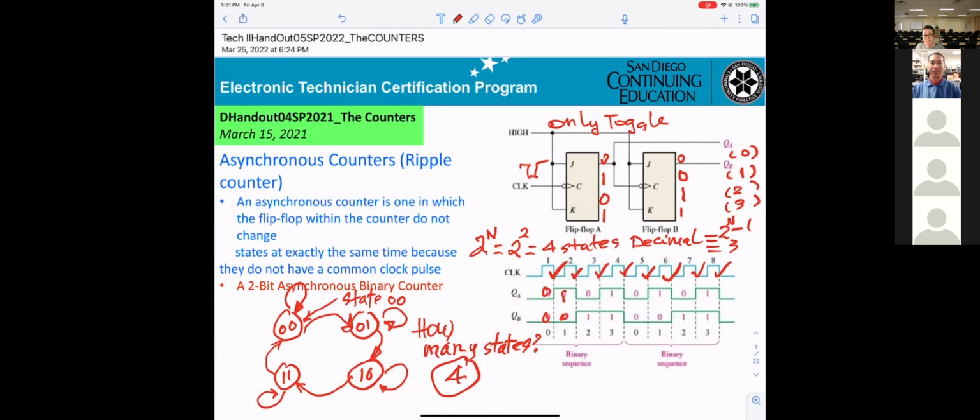You can build a circuitry. You can apply 10 kilohertz TTL logic from generator. So if you get a 10 kilohertz, what the frequency for QA?